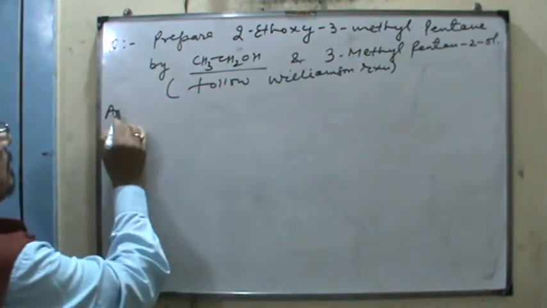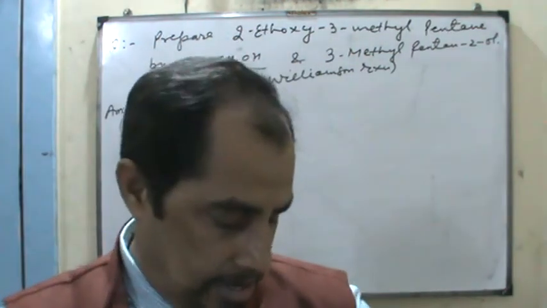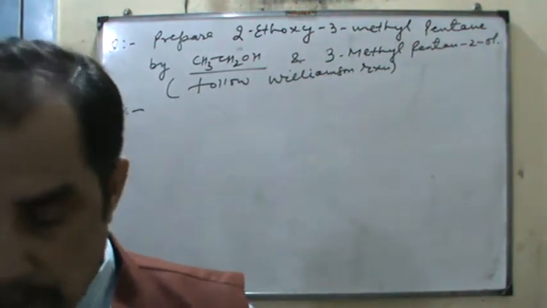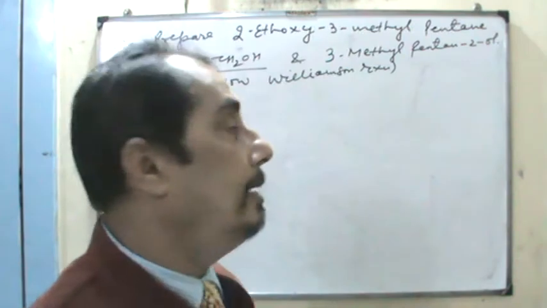So keep in mind the definition of the Williamson reaction: primary alkyl halides are made to react with sodium alkoxide.